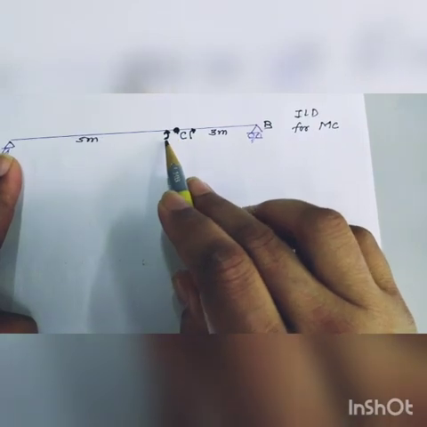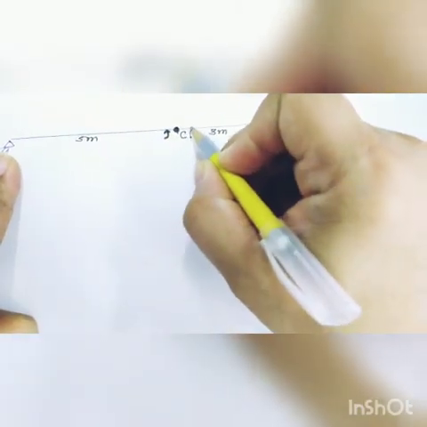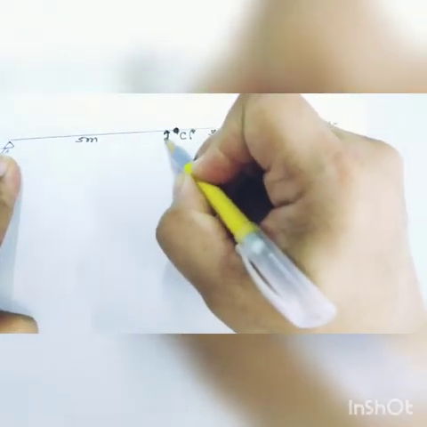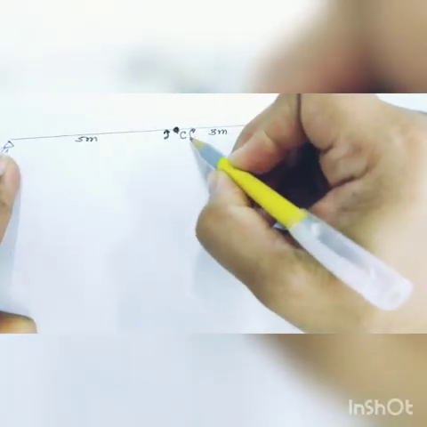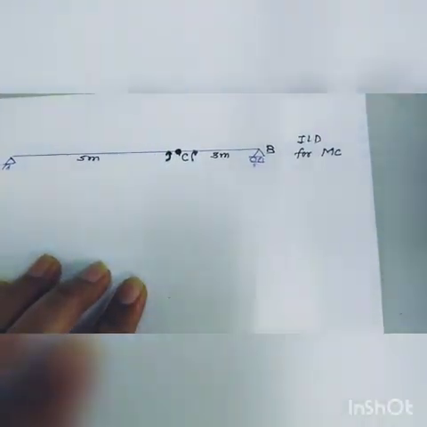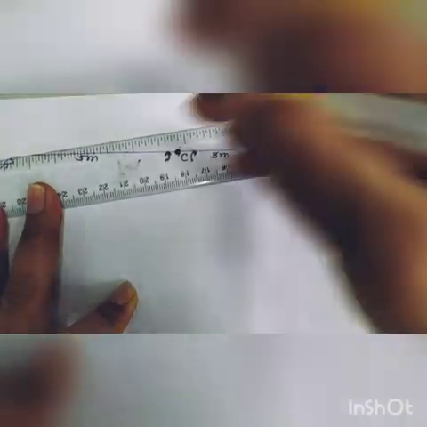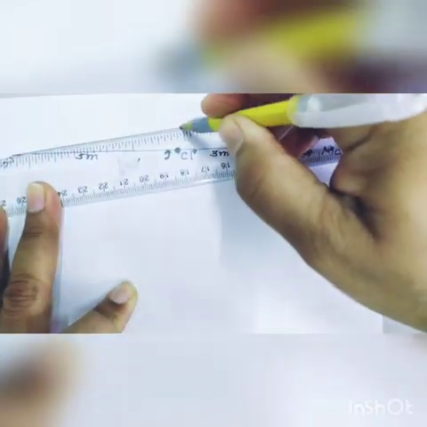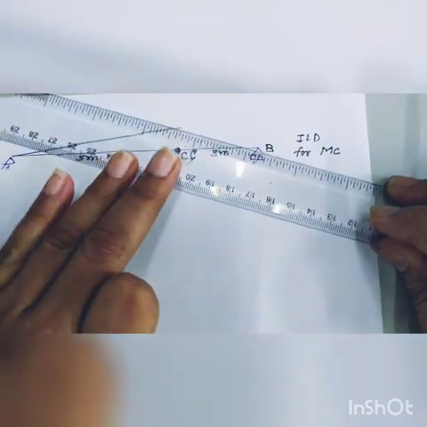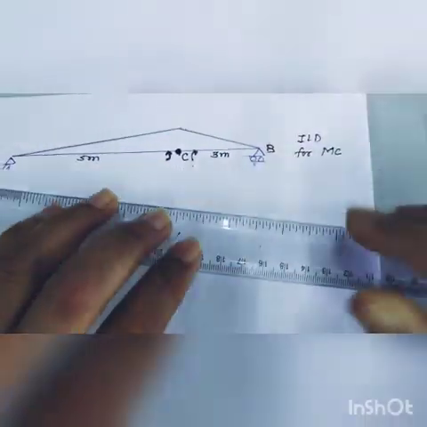At point C, apply the internal hinge and apply the rotation at point C. On the left hand side, apply anti-clockwise rotation, and on the right hand side, apply the clockwise rotation. And when we apply that, support A remains as it is. Draw a line from A to C. In the same way, with clockwise rotation, draw a line from B to C.